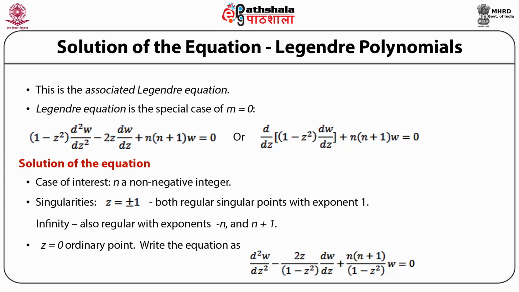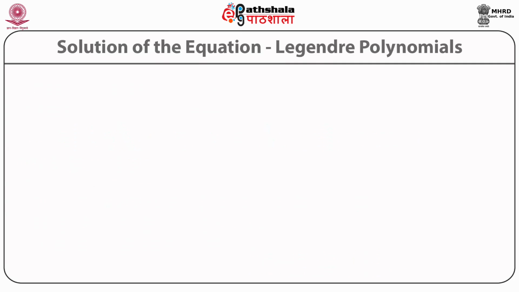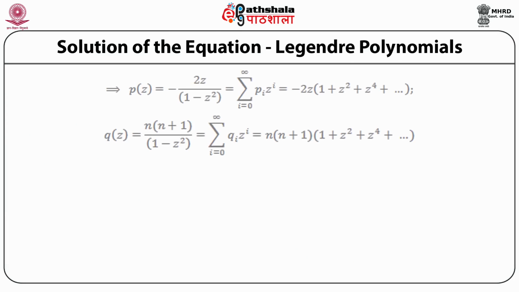If we rewrite the equation in the form d2W by dz squared minus 2z divided by 1 minus z squared multiplied by dW by dz plus n into n plus 1 into W by 1 minus z squared equals 0, we see that p of z is equal to minus 2z divided by 1 minus z squared.